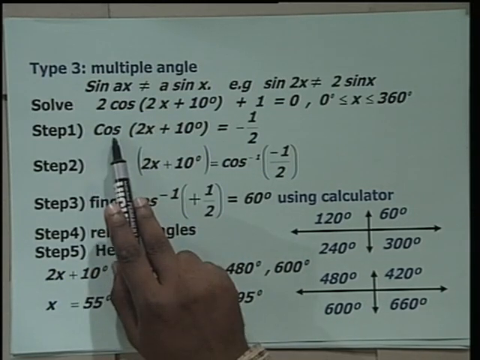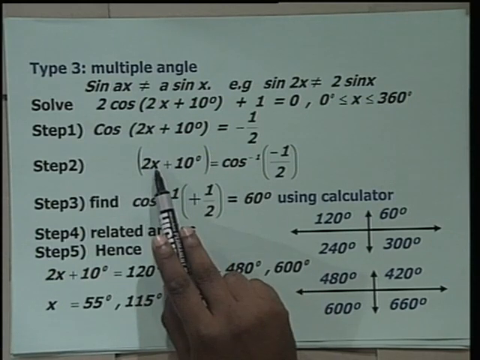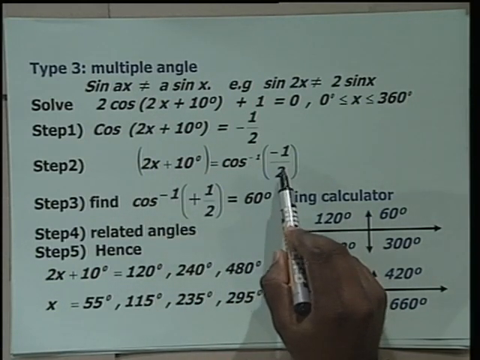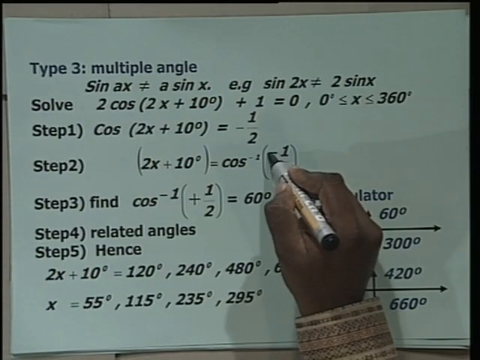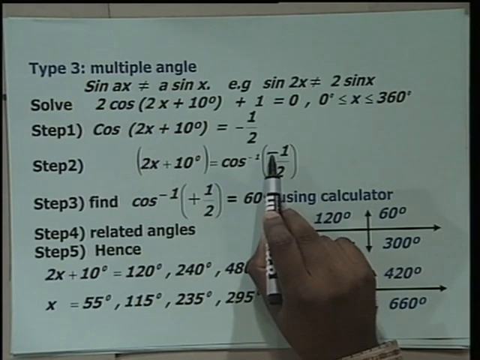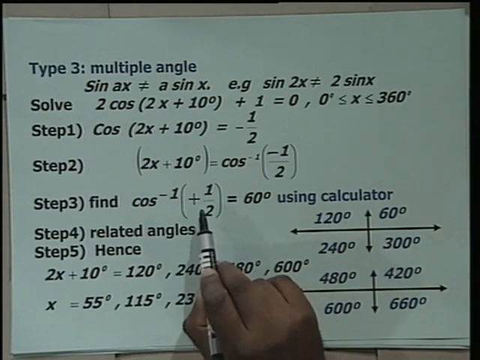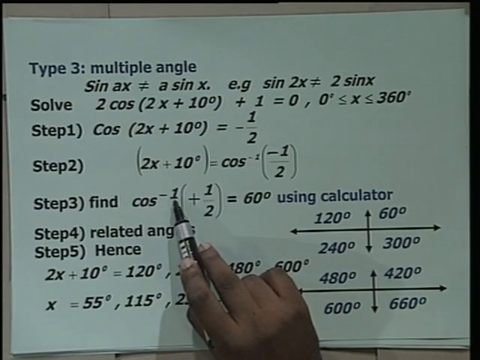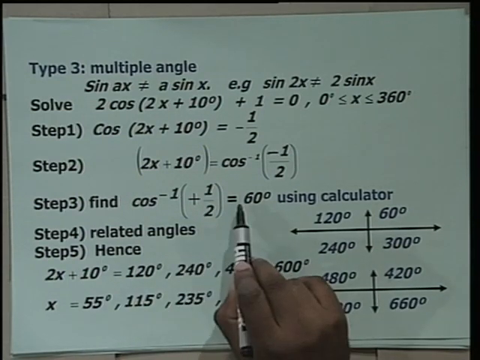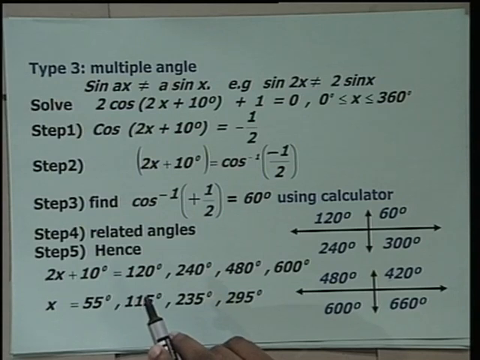Next step is to apply the inverse cos function so that we have 2x + 10 equal to cos inverse of minus half. As we said earlier, if you have minus, you will still use your calculator to find cos inverse of plus half, the positive value, which is 60 degrees.